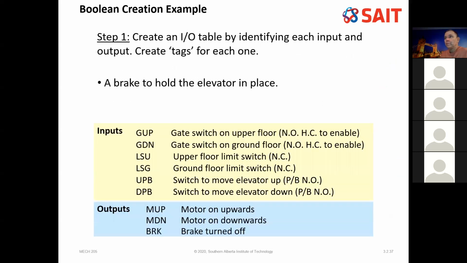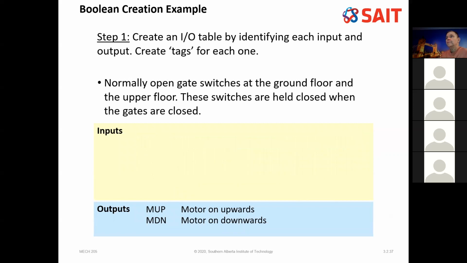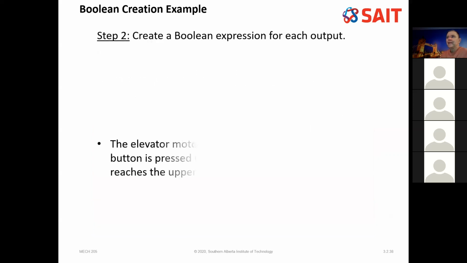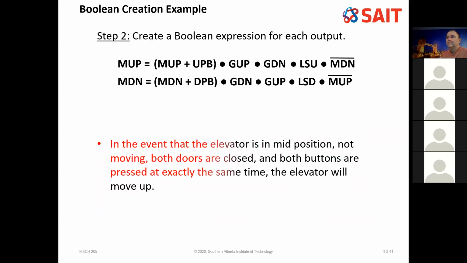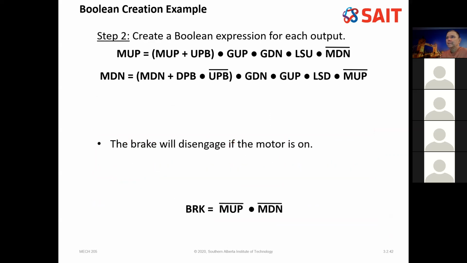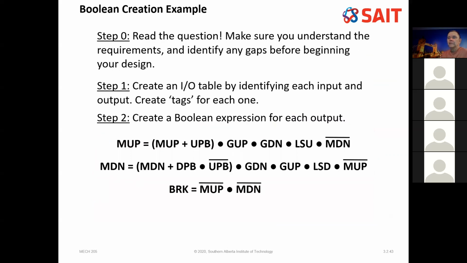Step 0 is you've got to really understand the problem and define all of your inputs and all of your outputs and know when they operate, when they're released, when they're active low, active high, whether limit switches are normally closed. You've got to understand what the directions are, what the narrative describes for you.